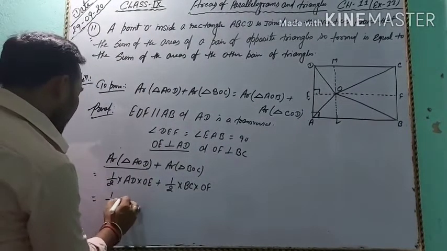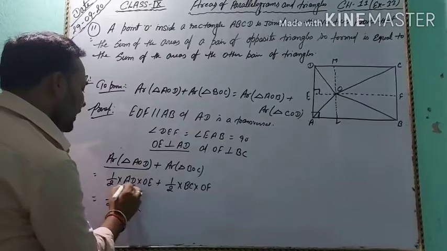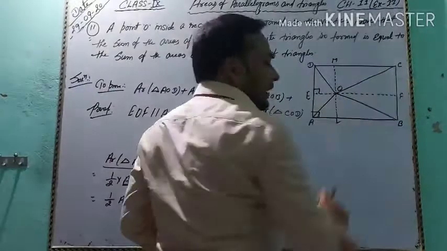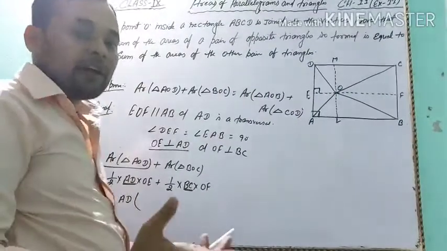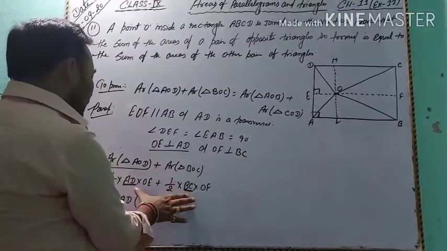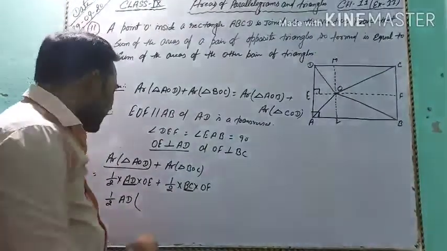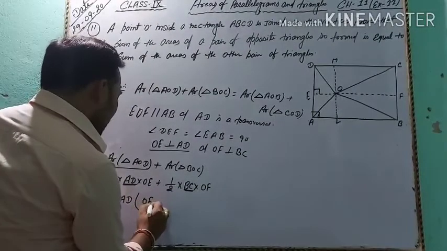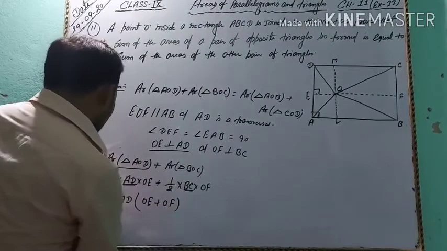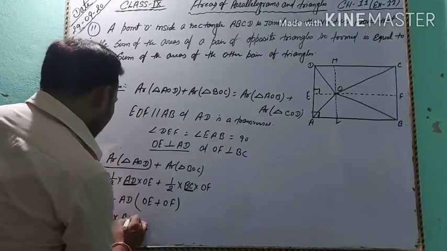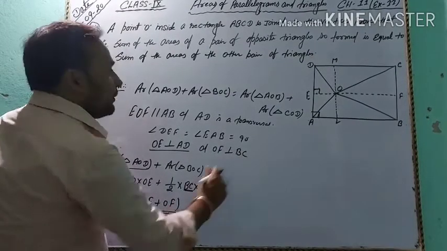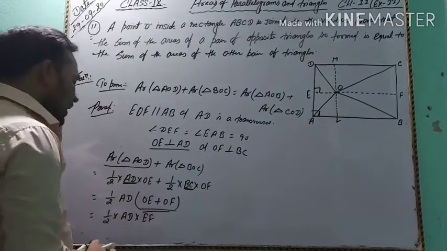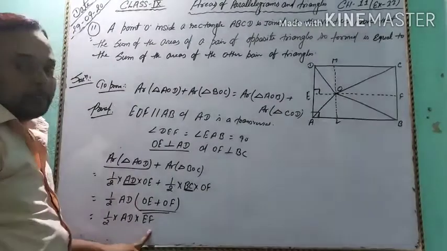Half AD is common because AD and BC are equal, as opposite sides of a rectangle are equal. So 1/2 multiply AD multiply OE plus OF, that is EF.